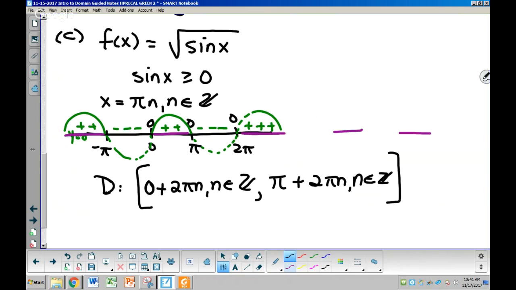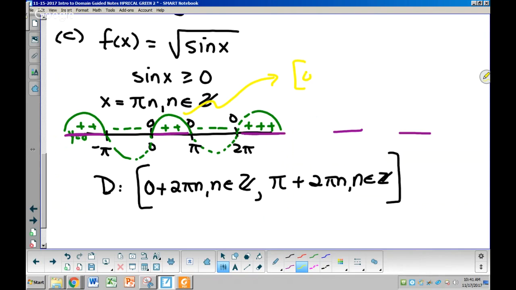Harrison, you okay with that? Yeah? No? Why is it pi plus 2 pi? So when this interval is 0 to pi, I think everybody in the room would say this interval, and I'm going to break this off.